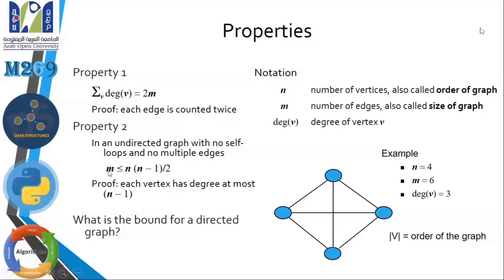So m again is the number of edges and n is the number of vertices. To know the numbers, you have to substitute how many vertices and how many edges you have. Here is an example: n equals 4, 1 2 3 4, and m equals 6, 1 2 3 4 5 6.